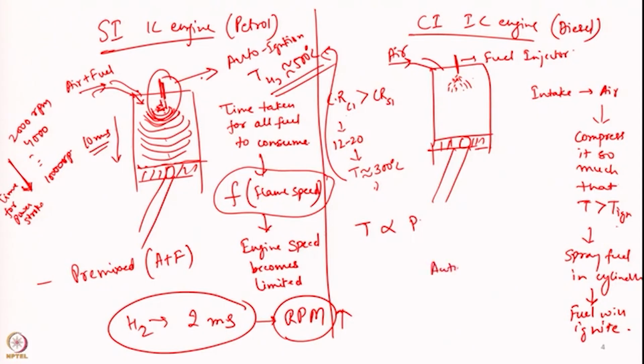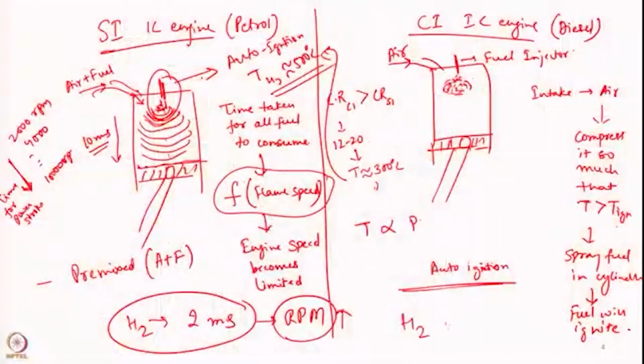That is why it is called auto ignition of the fuel in a compression ignition cycle. You just compress, make the temperature of the whole environment so high that whenever you inject fuel, it will start burning. So, to control the burning, you control the fuel injection rate, because as soon as the fuel comes, it will try to burn as quickly as possible.